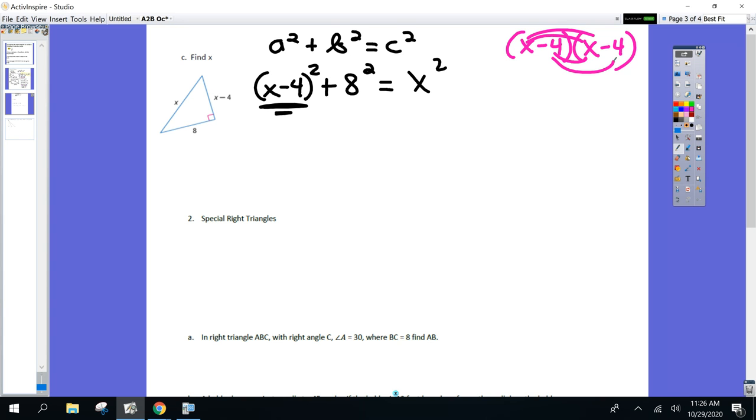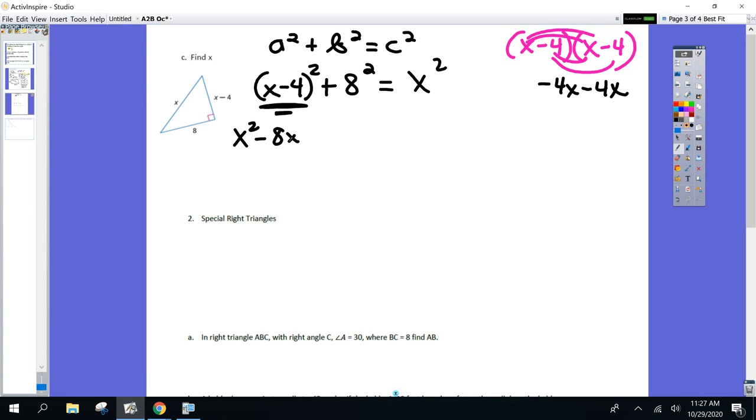All right, so I'm hoping our work matches. If not, change it. You should be getting x squared. And then in the middle, what do you have? Minus 4x in the middle, right? Well, they don't cancel each other out. That becomes minus 8x. Negative 4x minus 4x, negative 8x.